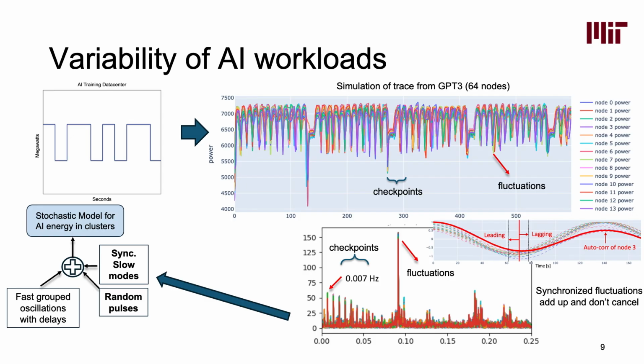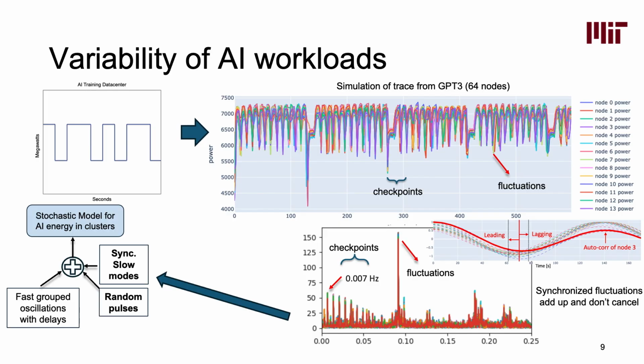When we translate this time domain signal into the frequency domain, we see very clear, dangerous signals from the power fluctuations to the grid, in terms of both slow oscillations and faster oscillations.